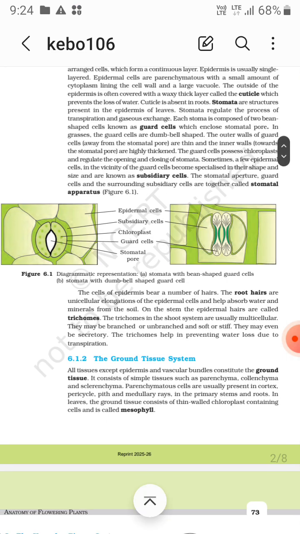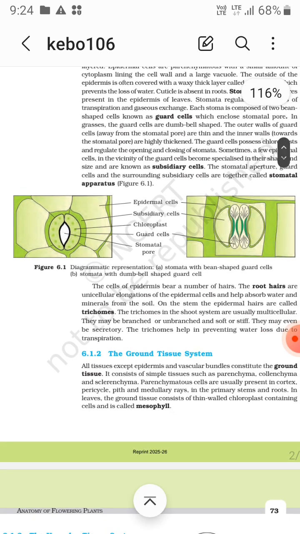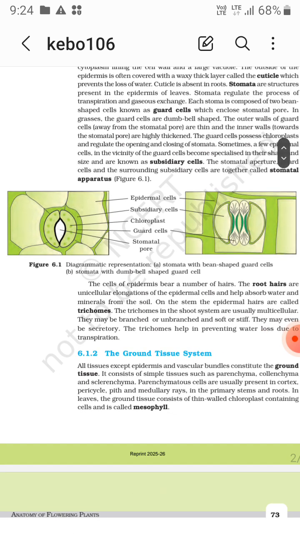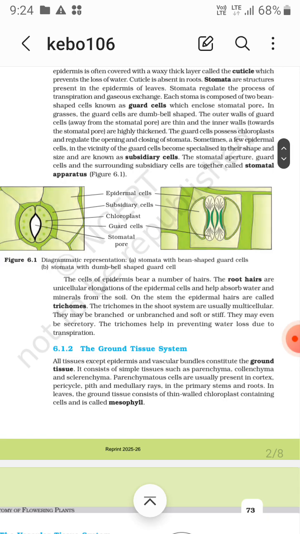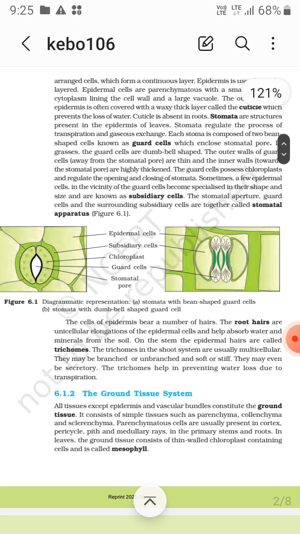So this is the stomatal apparatus, made up of subsidiary cells, guard cells, and the stomatal pore, that is the aperture.